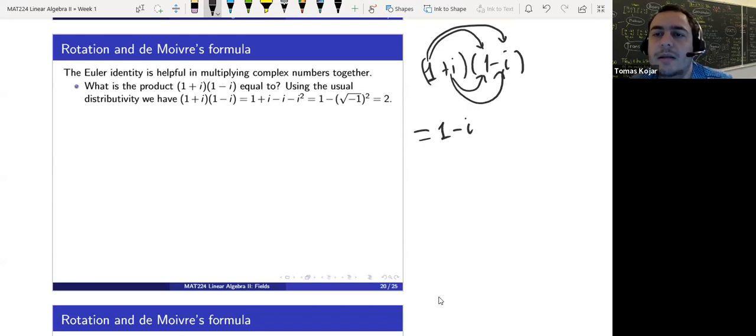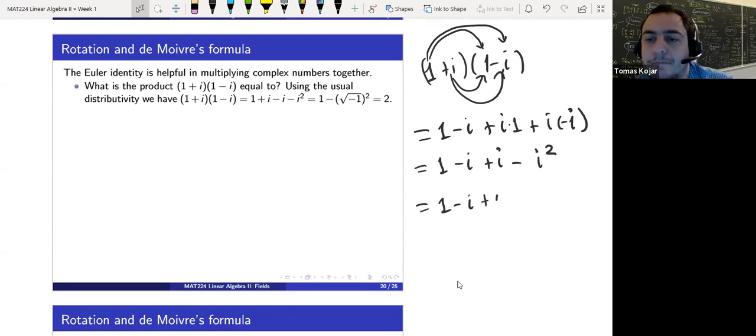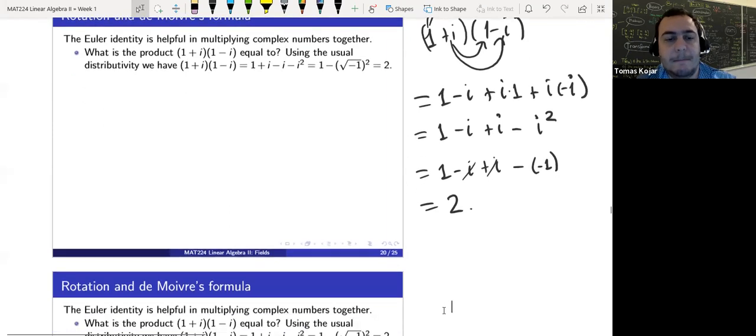If you do this calculation, you get 1, you get minus i, you get i, and then you get minus i squared, but i is the square root of minus 1. So you get plus 1, right? These two cancel out, so you get 2. Okay, good. So that's how you do multiplication.